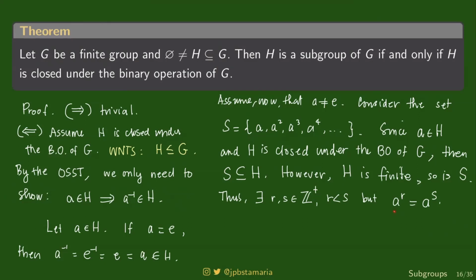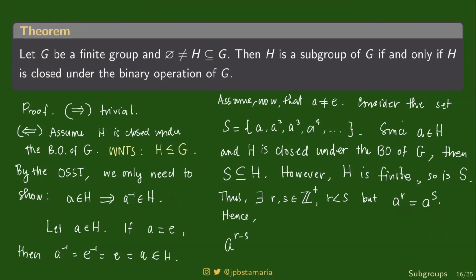Kunwari, itong dalawang powers na to parehas ang value kahit na magkaiba yung exponents. Ano mangyayari? Ito yung mangyayari, guys. Hence, A to the R minus S.